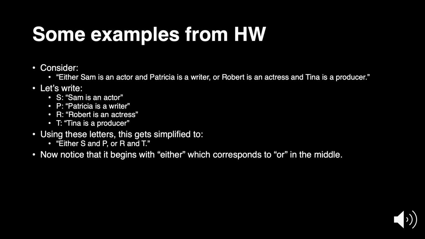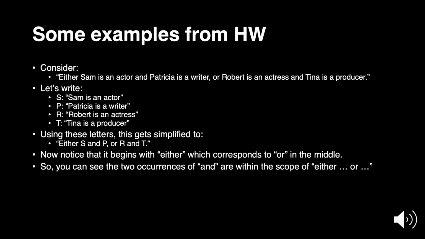Now notice that it begins with either, which corresponds to or in the middle. So you can see that either-or, the disjunction, is the main operator in this. That is, the two occurrences of and in this sentence are both within the scope of either-or.